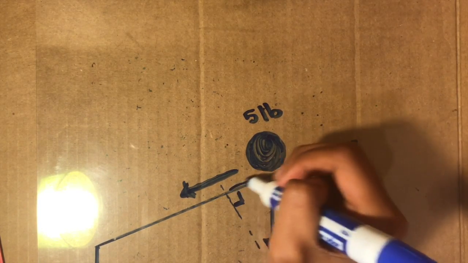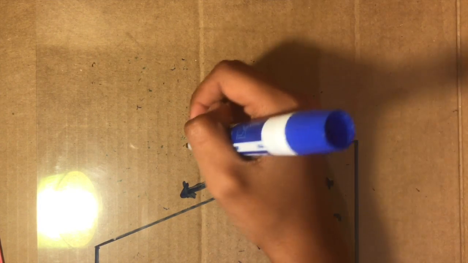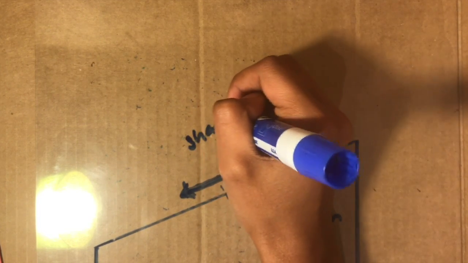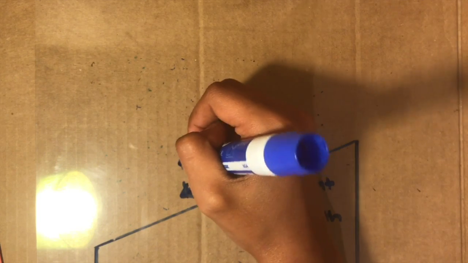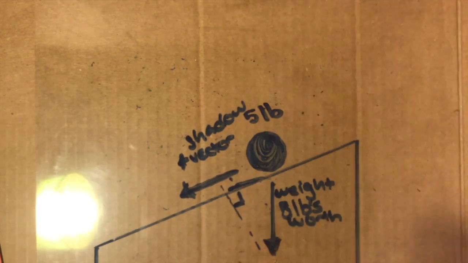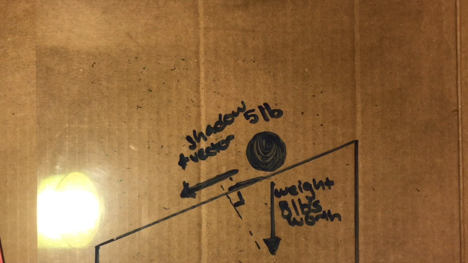So again, that would be the shadow times the vector of the incline. And again, for the incline vector, you only need the direction.